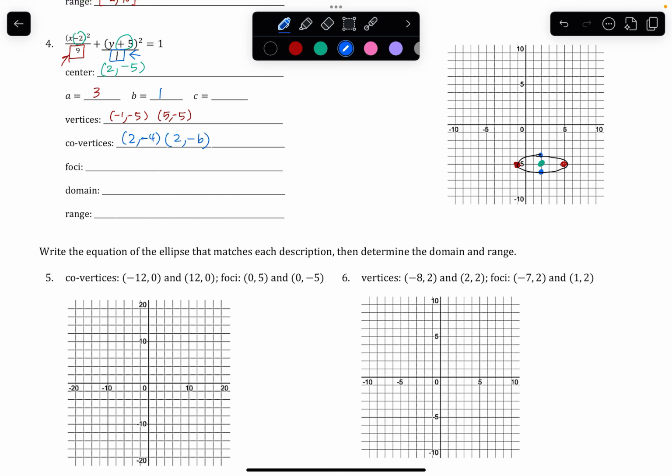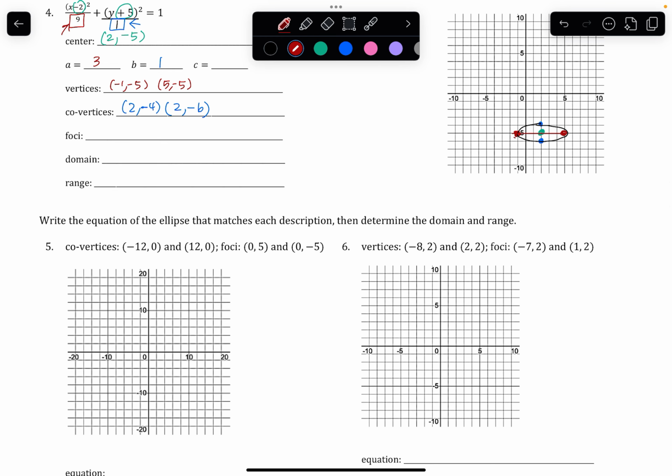And so we have everything we need to do the domain and range, so I'll go ahead and do that. So my domain from left to right is running from vertex to vertex this time. And so -1 to +5 in brackets. We do have those points. And then for the range, we're running from bottom to top, so -6 to -4.